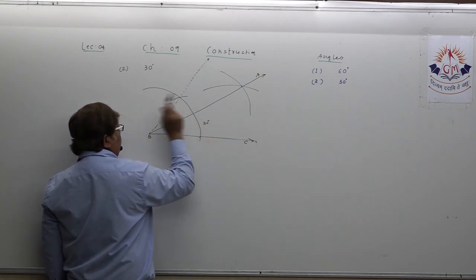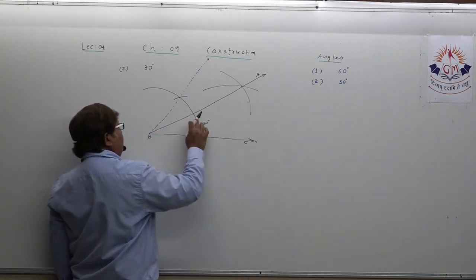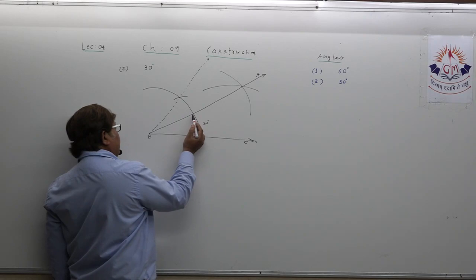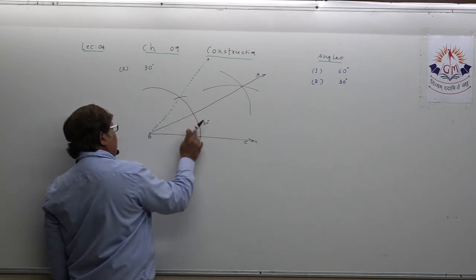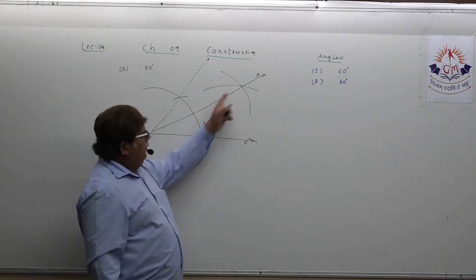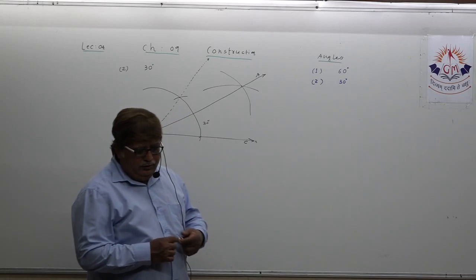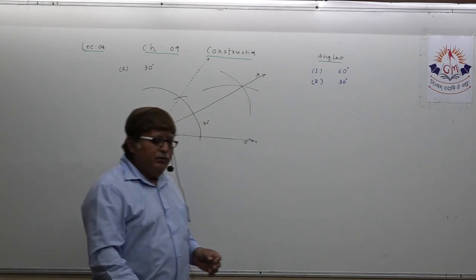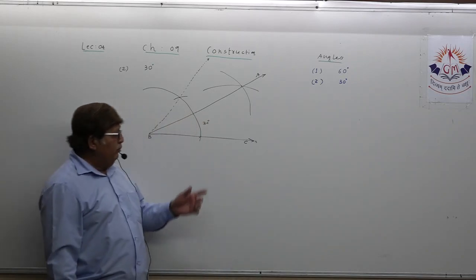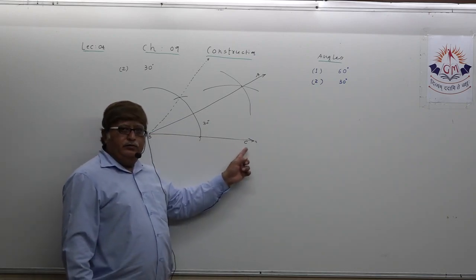This is also 30 degrees, because the angle of 60 degrees is bisected at this point into two angles, 30 degrees each. So angle ABC is 30 degrees. How have we constructed it, to be more precise? Ray BC.